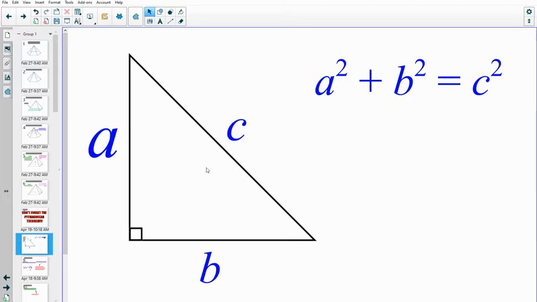The side that is opposite the right angle is the hypotenuse, and I usually call that c, at least when I'm talking about the Pythagorean theorem. And the Pythagorean theorem says the length of one leg squared plus the length of the other leg squared is equal to the length of the hypotenuse squared, better known as a squared plus b squared equals c squared. And we are going to see this Pythagorean theorem used a lot in this section.